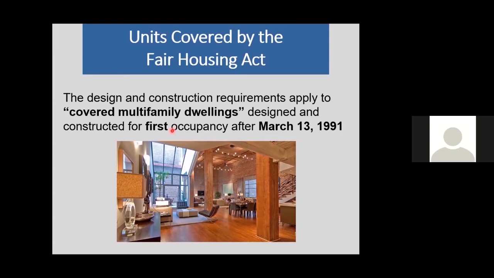That would be a difference in Section 504 for federally funded housing. Those existing buildings undergoing alterations would still have some requirements. But under the Fair Housing Act, it's designed and constructed for its first ever occupancy after March 13th of 1991.